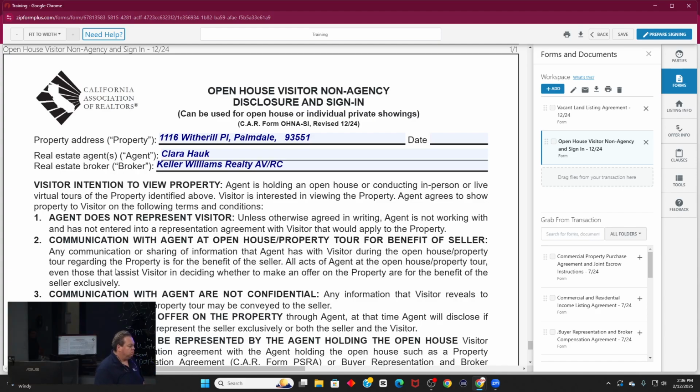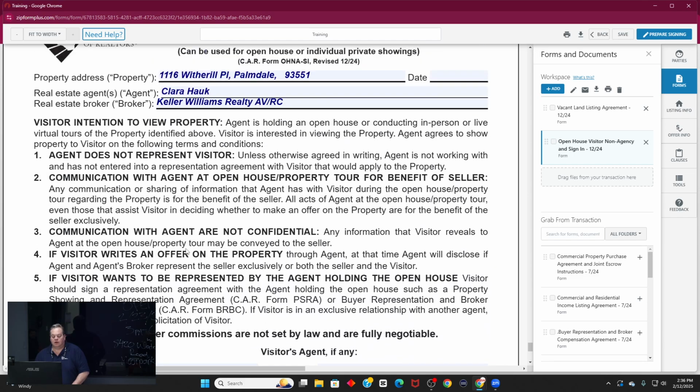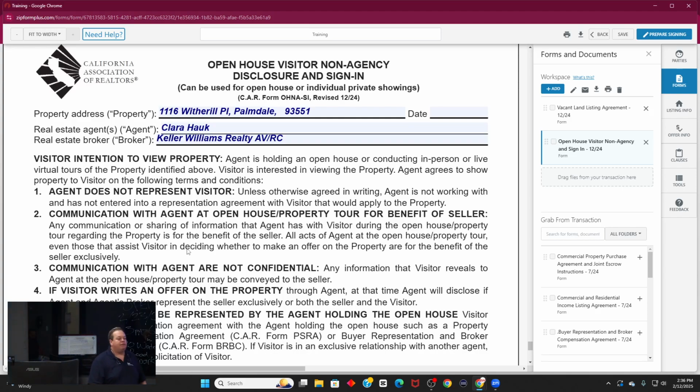Is that something that we should be getting signed if they're walking on there, or is that just for your listings? That's for your listings. I don't know if it's attached to that. Basically what it's saying is, I represent the seller and not you, and so I'm here today to show you the property and answer questions, but I'm working on behalf of the seller, not you. And it's a release of liability for your seller when people are walking through, right? Because it talks about beware of this when you're walking through, and damages.